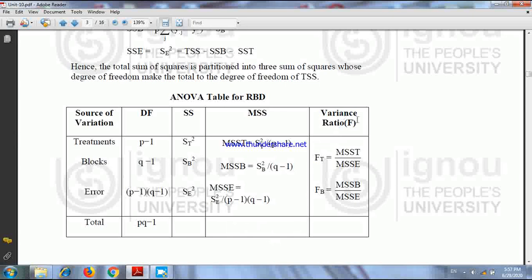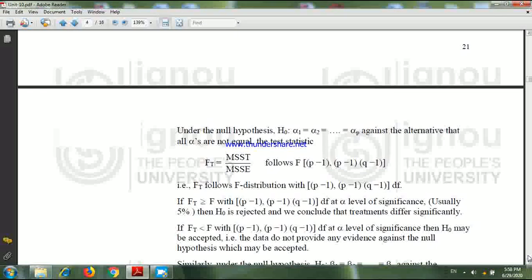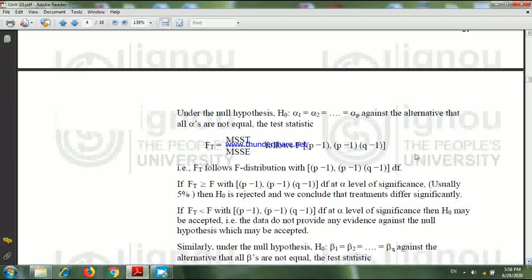Now how do we find the variance ratio? This is the variance ratio for the treatment: MS due to treatment divided by MS due to error. And this is the variance ratio for block: MS due to block divided by MS due to error. Now see what hypothesis is to be tested.